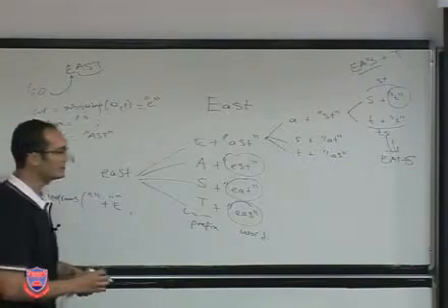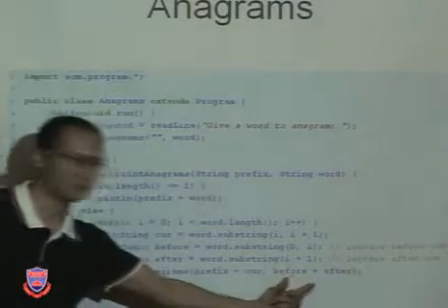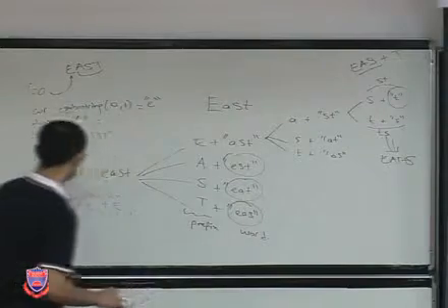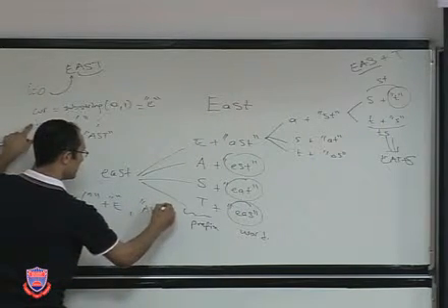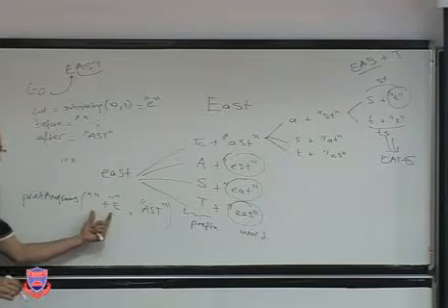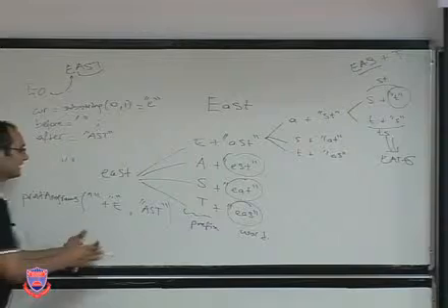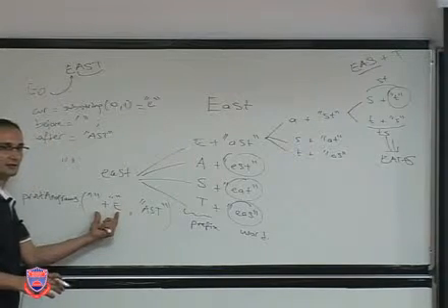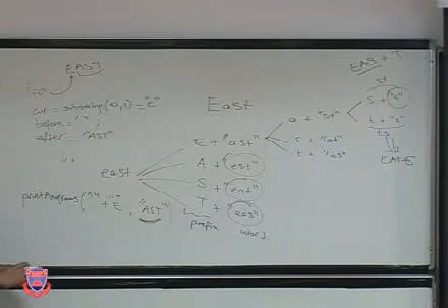And then it calls with the word being before plus after, which is AST. Basically what it does is that it takes the first letter, concatenates it with the previous prefix, and then generates it as the new prefix and calls the recursive method with the new word.